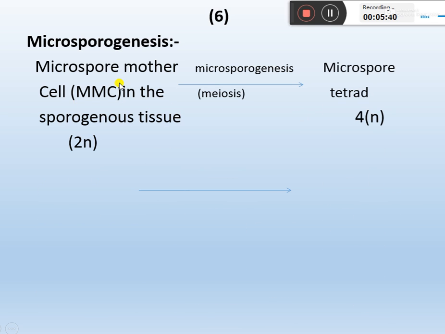So each microspore mother cell undergoes meiosis, and this meiosis is called microsporogenesis, to produce the microspore tetrad. Since when a cell undergoes meiosis, it produces 4 cells, microspore tetrads are formed. The MMC is a diploid cell containing 2n number of chromosomes, while each microspore contains n number or haploid number of chromosomes.